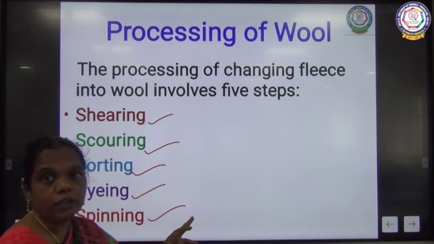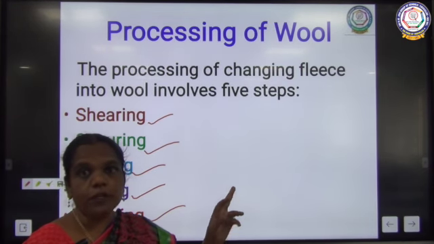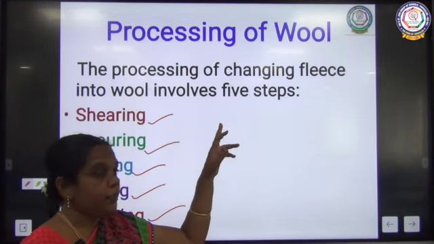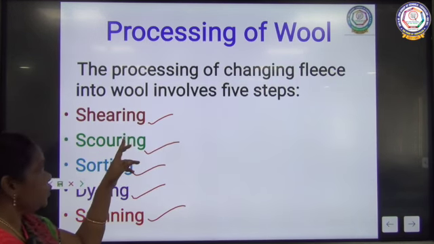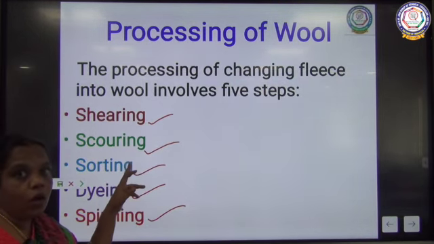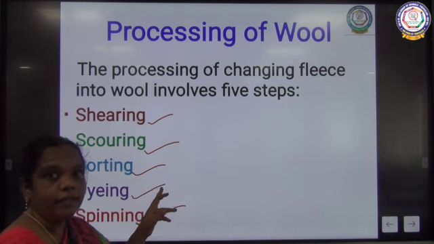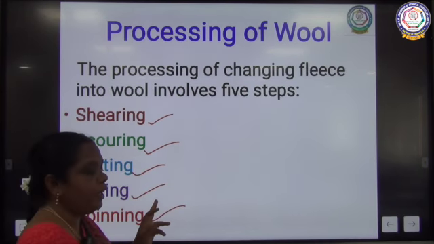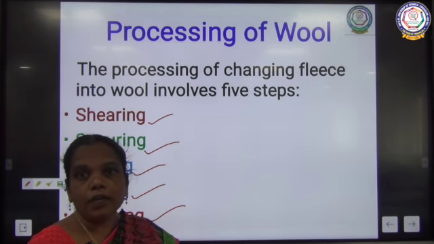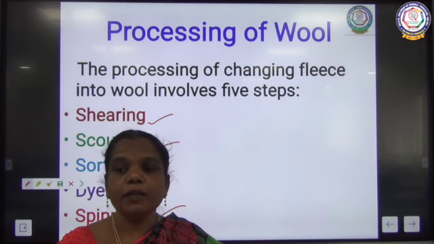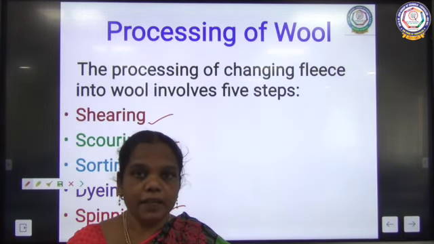So children, the 5 steps we follow in wool production are shearing, then scouring, sorting, dyeing and spinning. So these are all the 5 steps involved so that the wool can be made into a fabric.